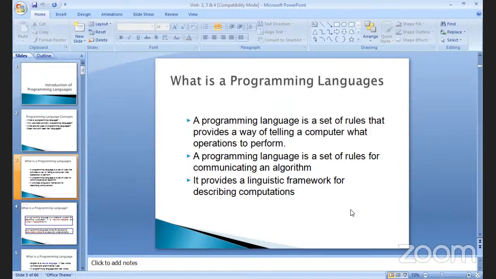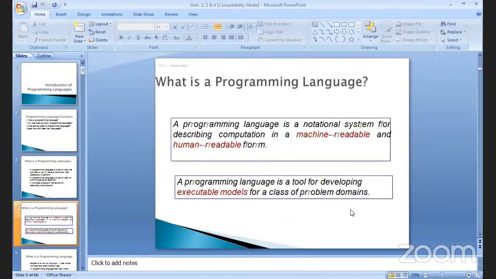Only then does it receive them, make the program, solve the problems accordingly, give the output, and reach the target.